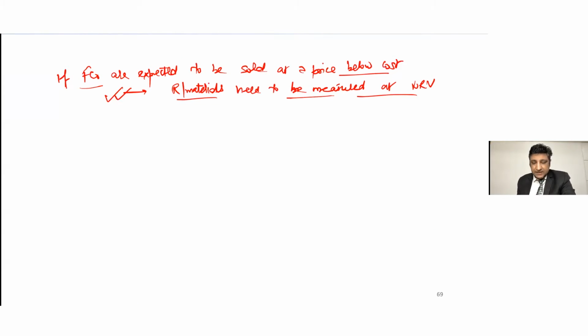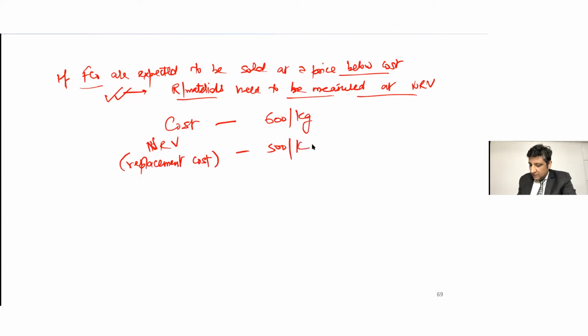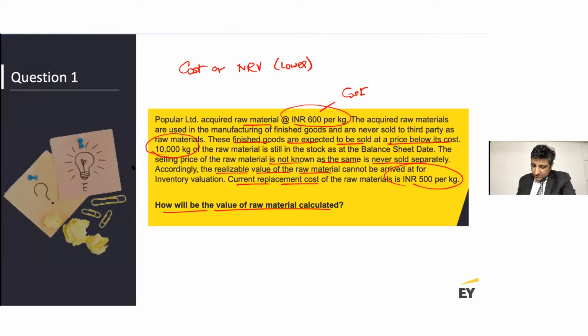Now, what we say here is that the cost of raw material is 600 rupees per kg, but as an alternate to the net realizable value, we have the replacement cost, which comes at 500 rupees per kg. How many number of units that we have got? We've got, of course, 10,000 units with us.